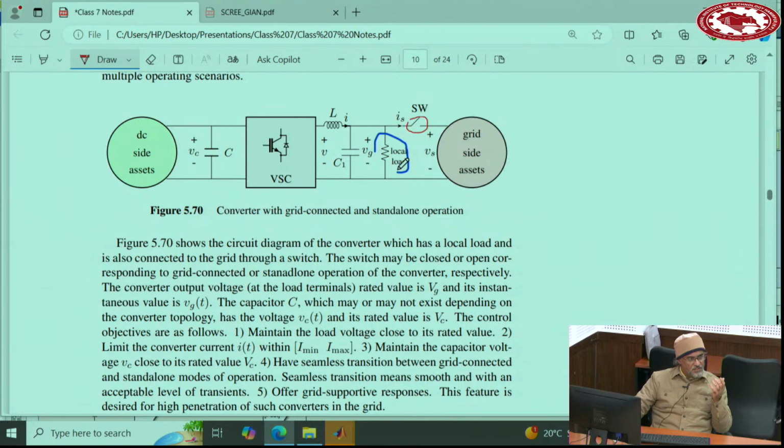The best it can do is to support the voltage. But in grid forming, the converter is responsible to form or to provide a voltage when the grid is not there. And when the grid is there, it provides support obviously to the grid. So when the grid is connected, it's grid supportive. You will see it automatically provides support.